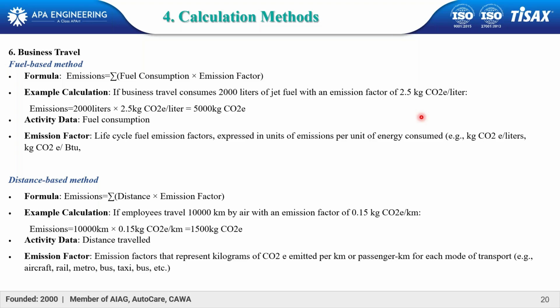So this approach is straightforward when you have the accurate distance data. Here the emission factor will be the same as before. The emission factor represents the kilograms of carbon dioxide emitted per kilometer traveled for each mode of transport.